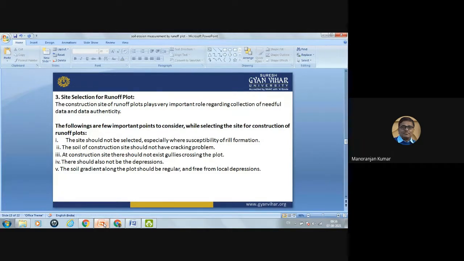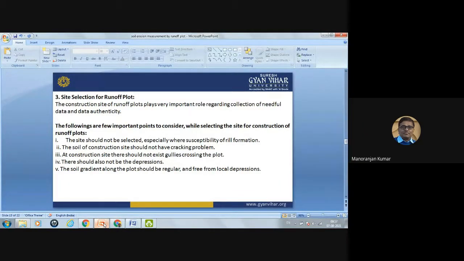These are some points which you have to consider during the selection of the site for the construction of a runoff plot. First, the site should not be selected especially where susceptibility of rill formation, rill erosion is there. The chances of rill erosion are there. So in that area, you should not construct the runoff plot.